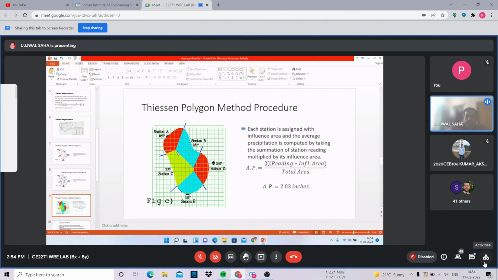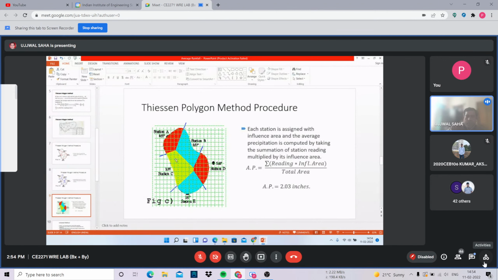Like this way, if you take this point and draw a line to point C, a line to A, and a line to B, you will see that the distance to C is the lowest.